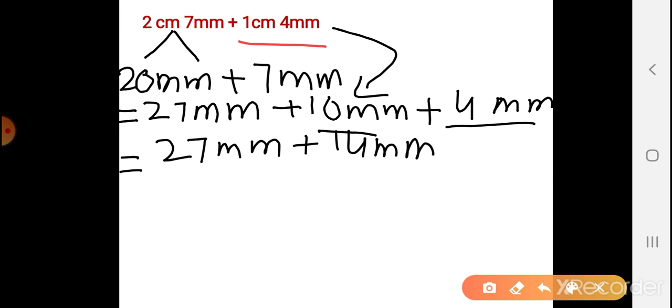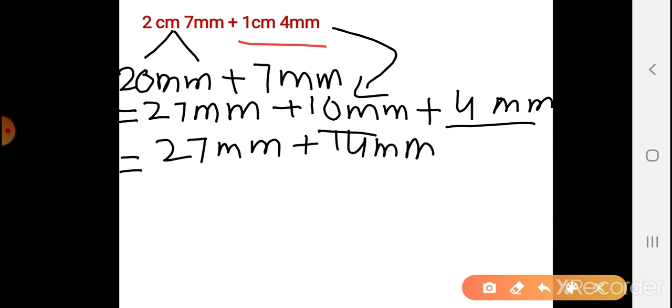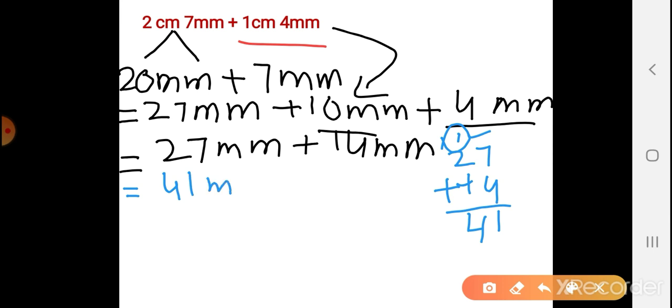Now the next step is to add 27 millimeters and 14 millimeters. Let's add 27 and 14. If we add 4 and 7, we get 11. So 1 here, and 1 is carried to the next one. So 2, 1, 3, and 1, 4. That is, 27 added to 14 is 41 millimeters.